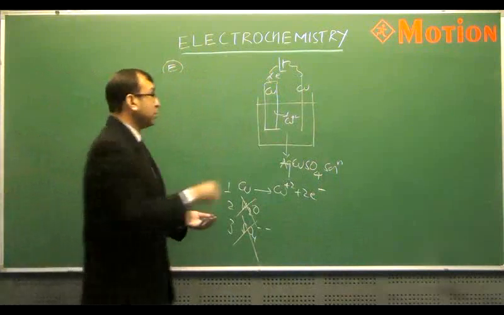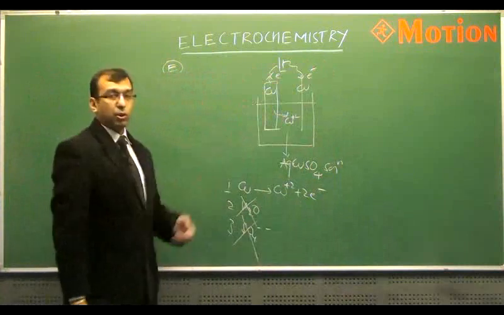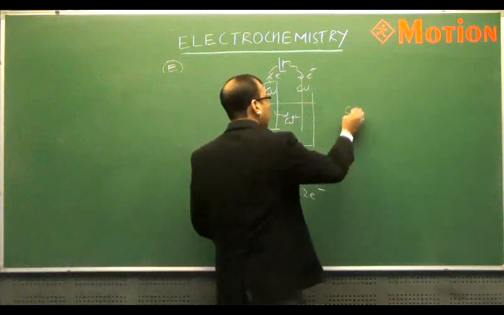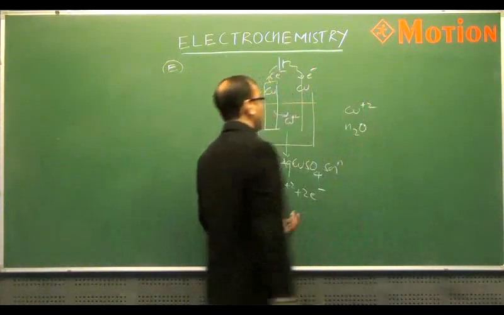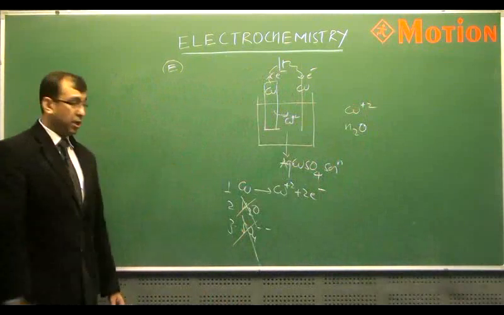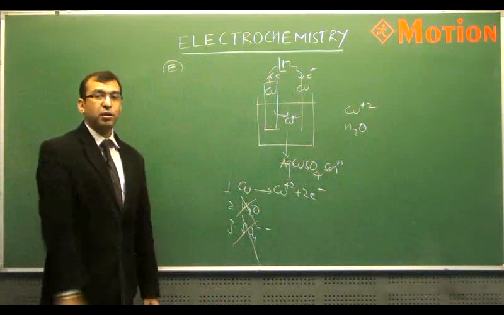Now these electrons will travel to the cathode. What's going on at the cathode? Now at the cathode, they are in competition. We have Cu2+, we have water. Two candidates are there to accept the electron. So look at the preferential discharge theory in the cathodic section.